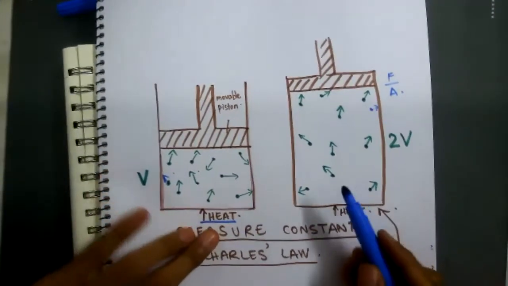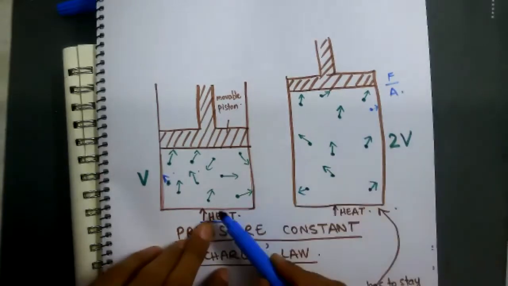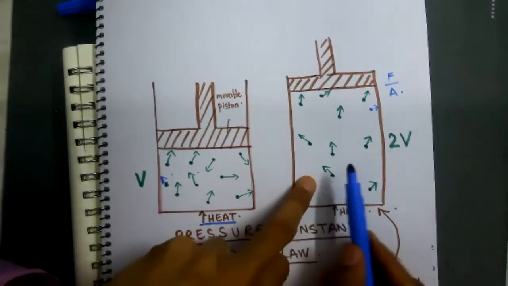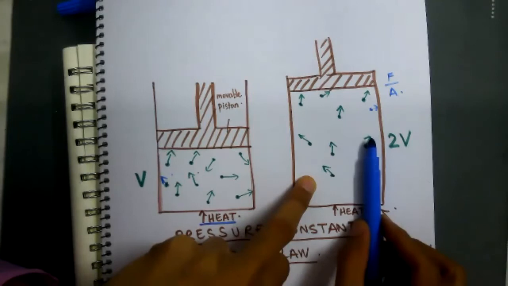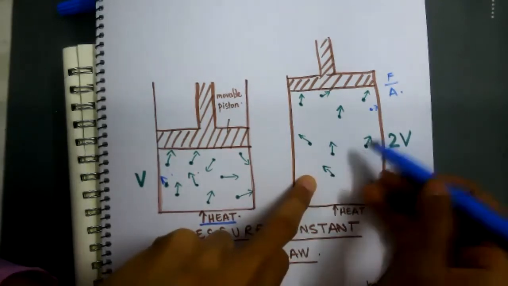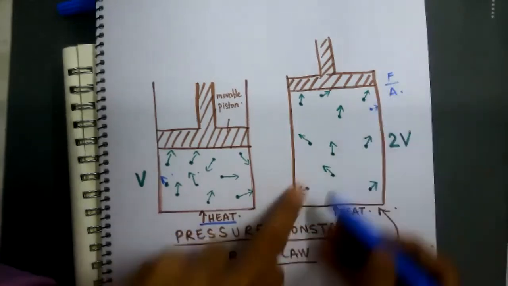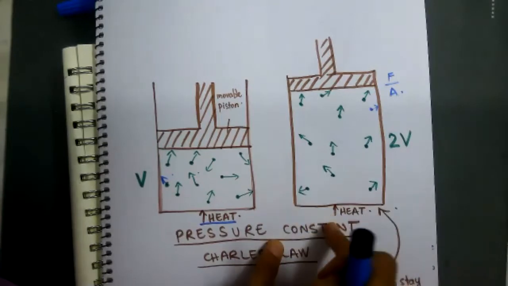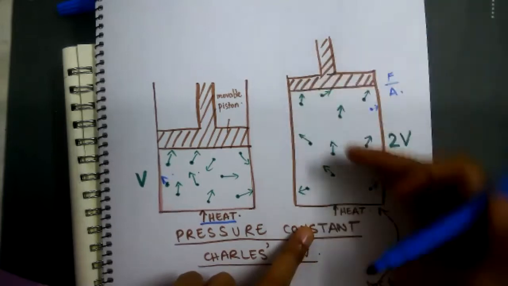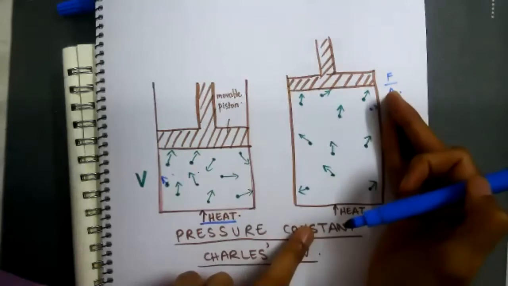So, if you want to keep this pressure constant, and you are increasing the kinetic energy, now normally what would happen is that if you're providing energy, the particles will strike the wall with greater force, more violently. So force per unit area should increase, but we are keeping the pressure constant. If you want to keep the pressure constant, you have to double the volume. Why? Because then that force will be distributed over twice the area.